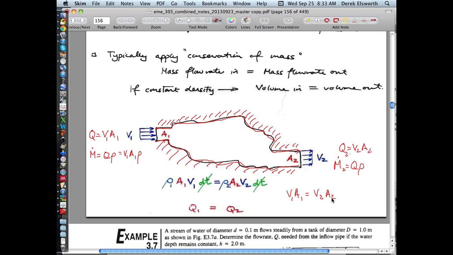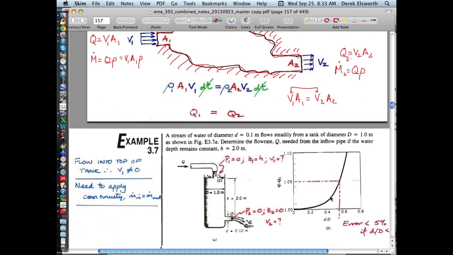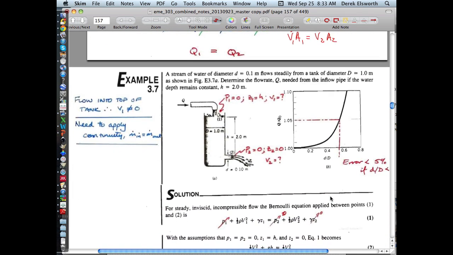One has to be an entry point, and one has to be an exit point from the same system. And so if you end up with a Bernoulli expression that has two unknowns, and you can't therefore solve the equation, then maybe you can relate the velocities at the upstream and the downstream location in terms of their areas to be able to solve it. And so that's one simple way to be able to solve Bernoulli's expression.